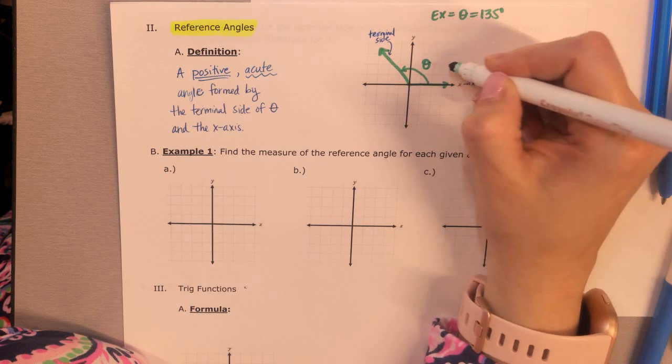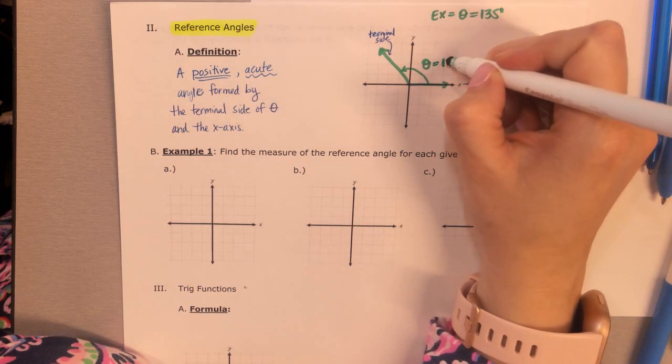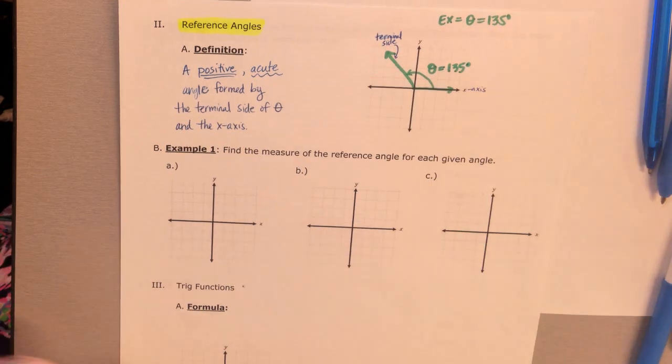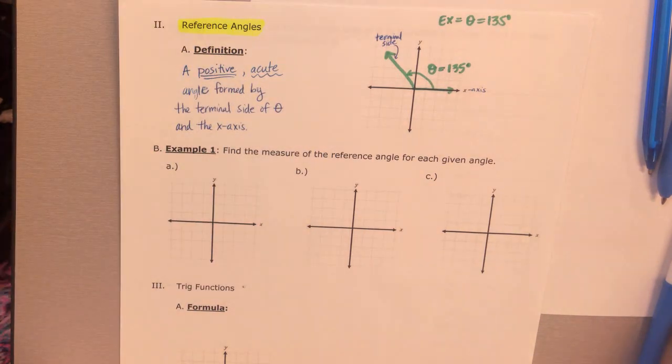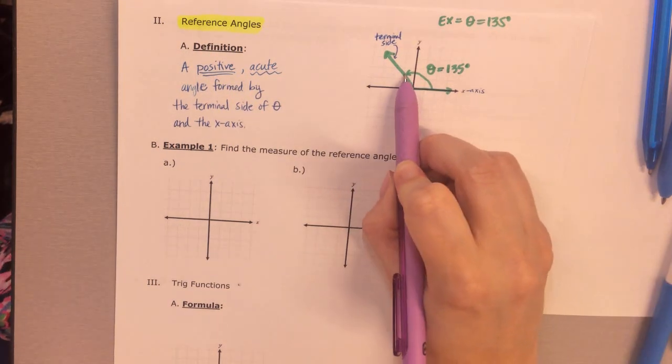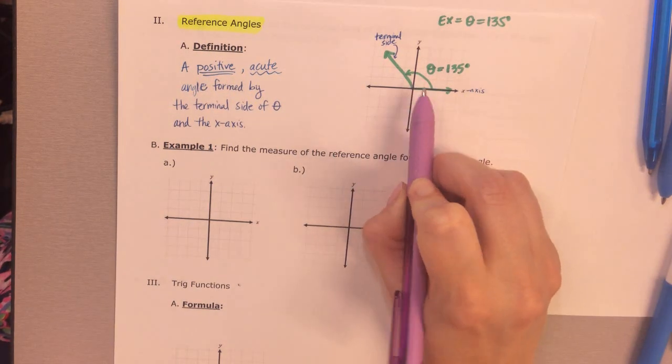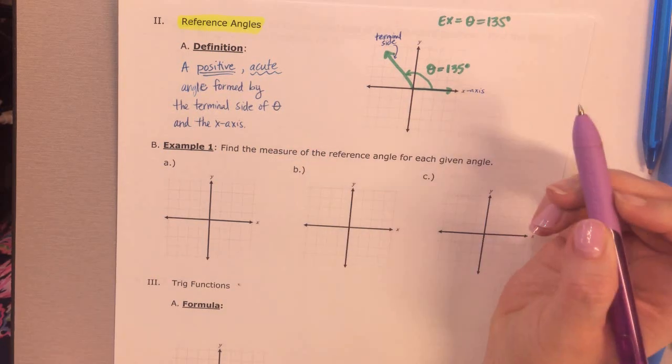If theta is 135 degrees, you have to find the shortest distance to the x-axis. You either would go from the terminal side to the right side or from the terminal side to the left side.